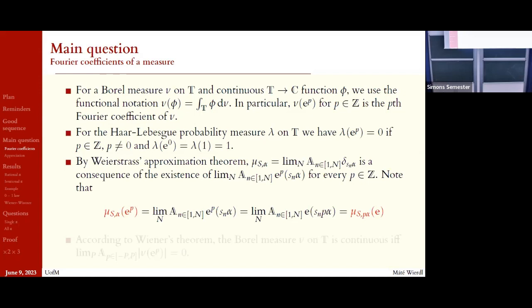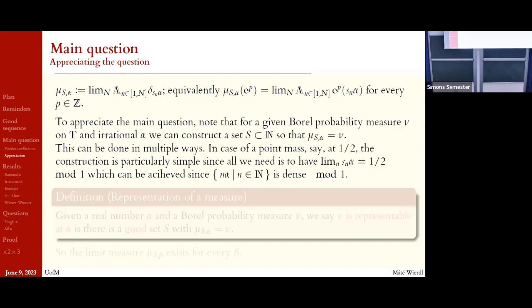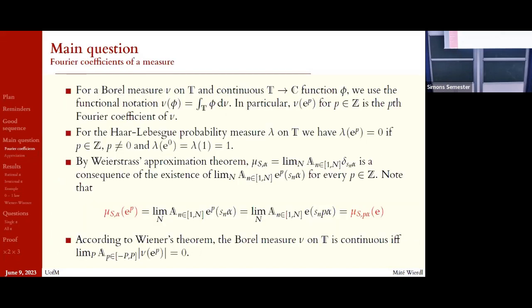So by the Weierstrass approximation theorem, the limit measure is a consequence of the existence of these averages of e^(p S_n alpha).